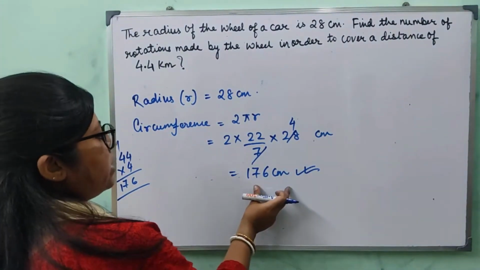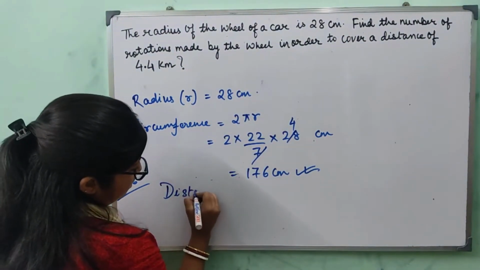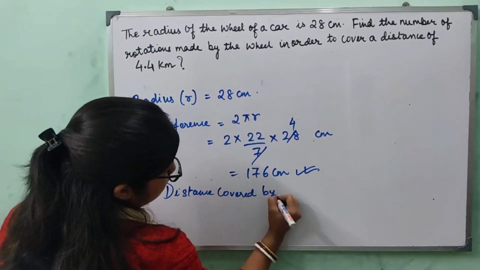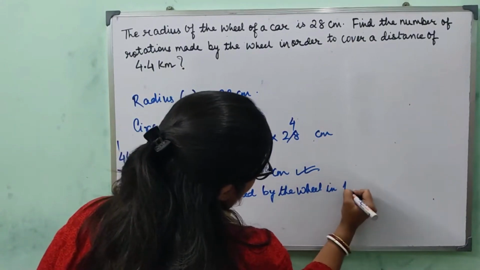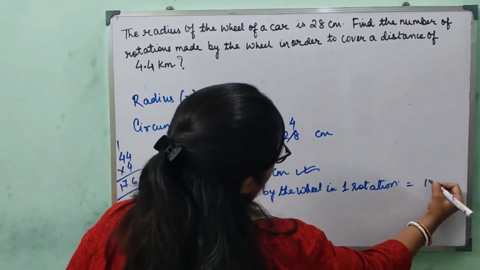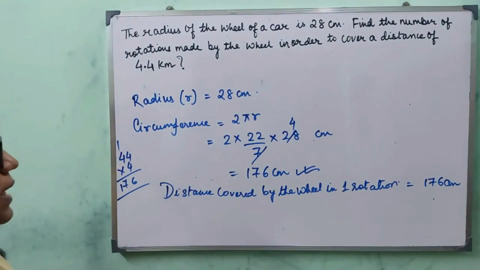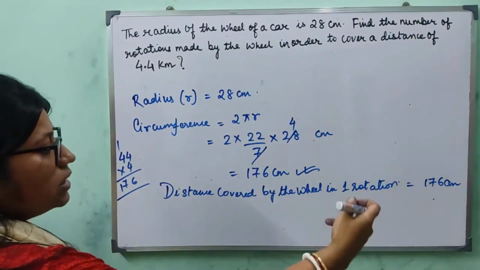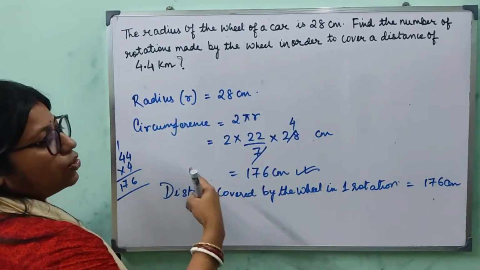So what is this 176 centimeter? This is the distance covered by the wheel in one rotation. So always remember, the circumference of the wheel is the length or the distance that it covers in taking one complete rotation.